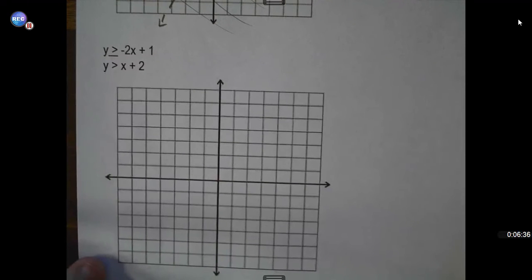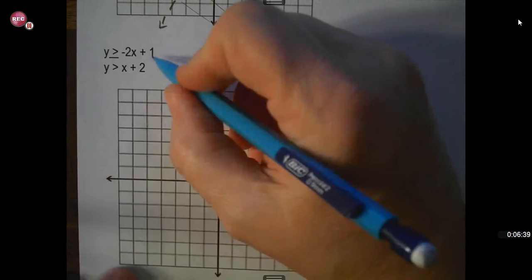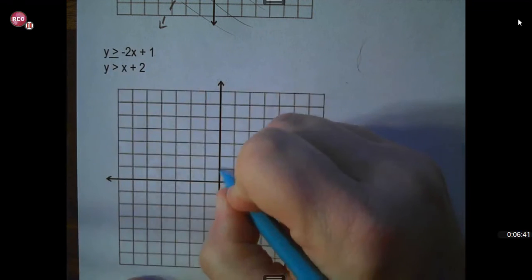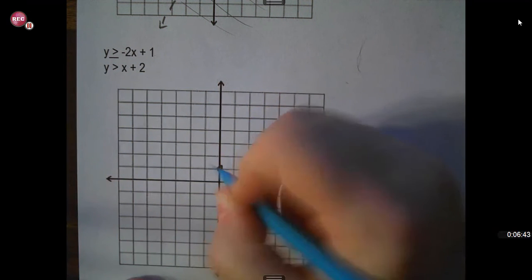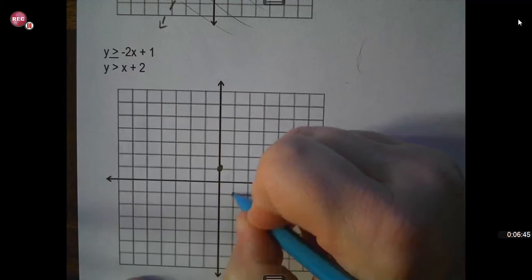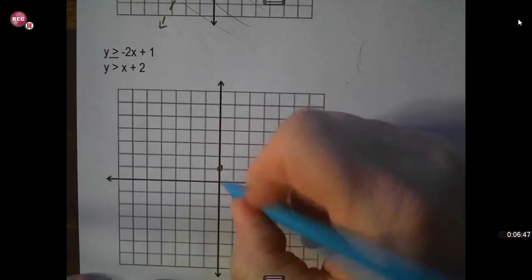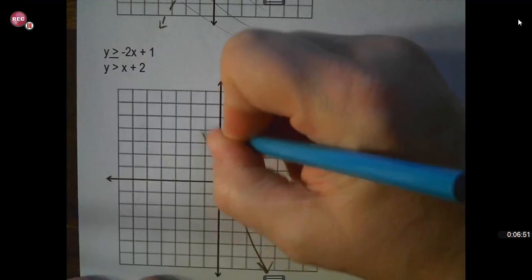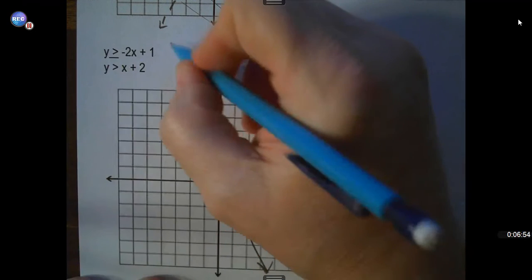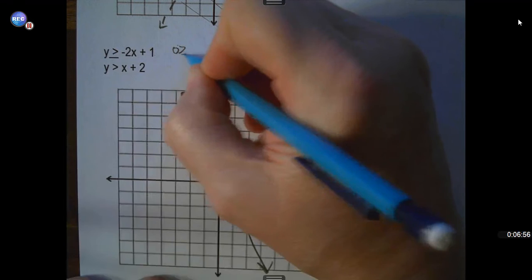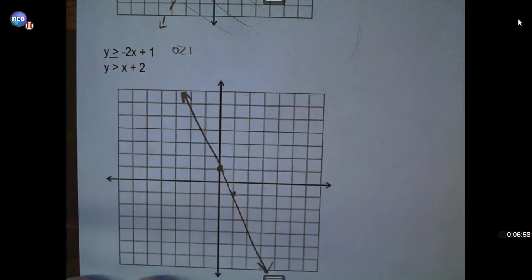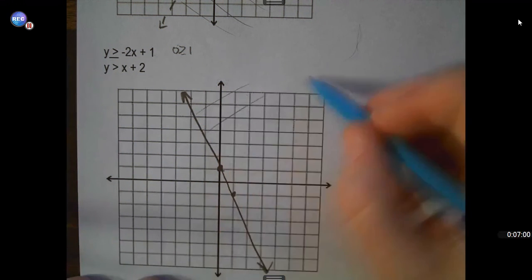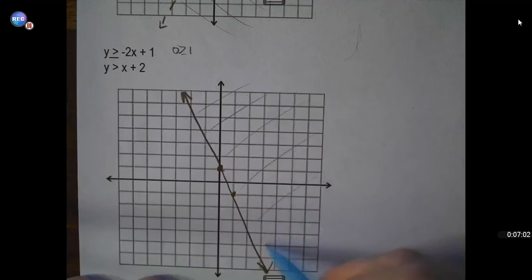So again, slope-intercept form. The intercept is 1. So I start there. And I'm going to rise -2 and run +1 because this has a negative slope. It is a solid line. If I plug in the origin, I get 0 is greater than or equal to 1. And that's not true. So this gets shaded this way, away from the origin.